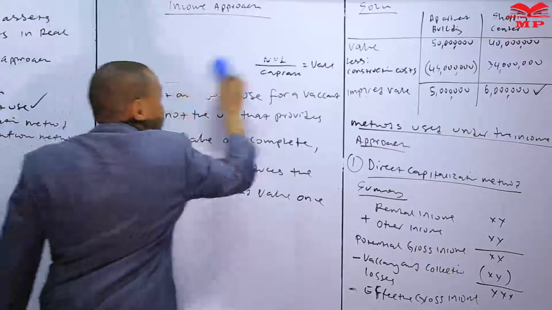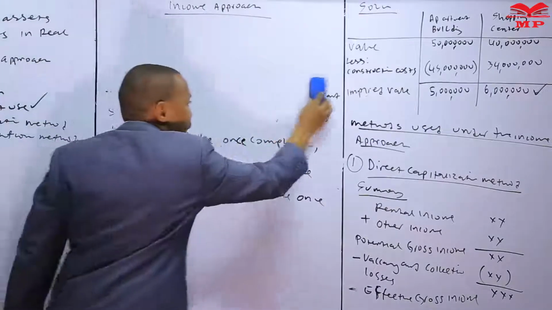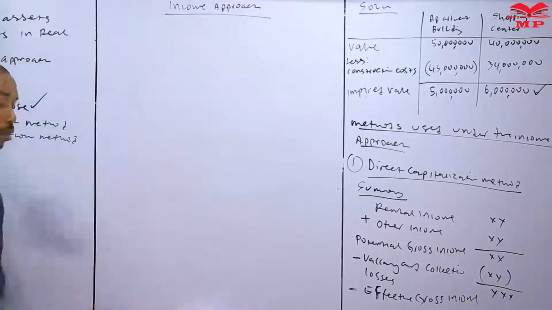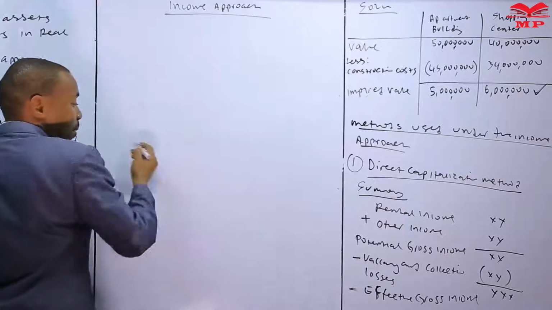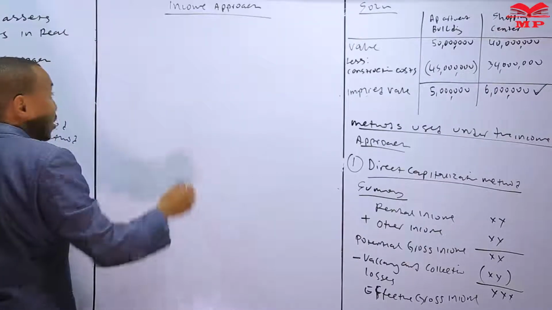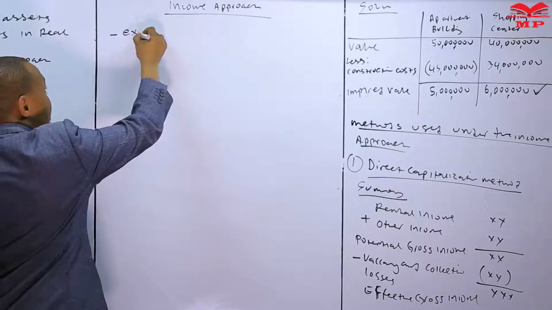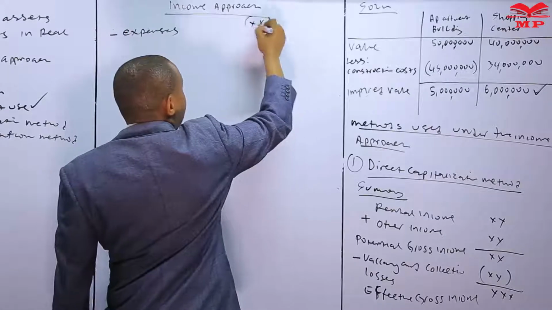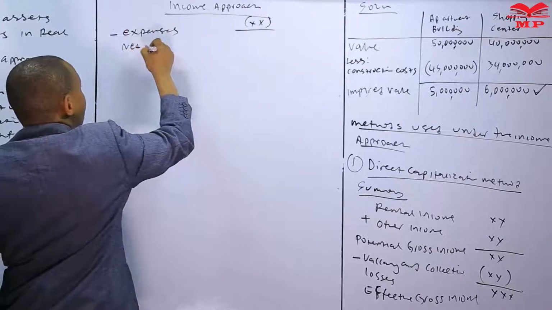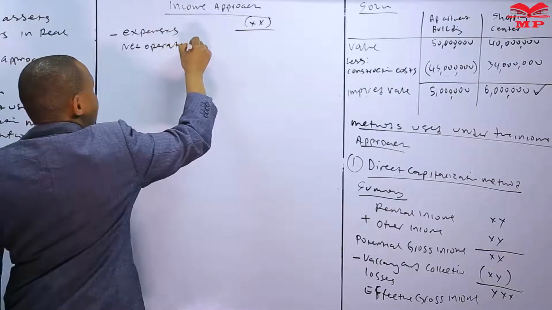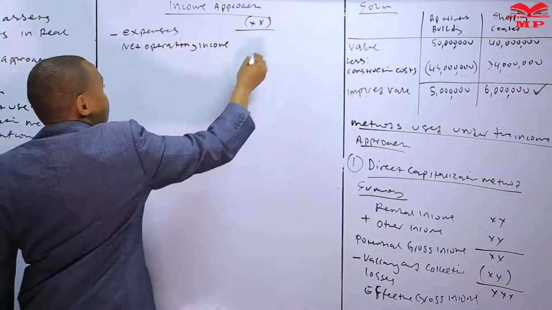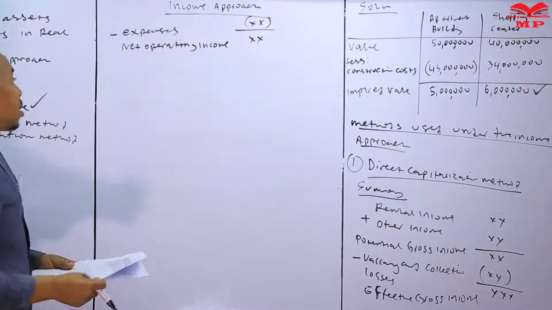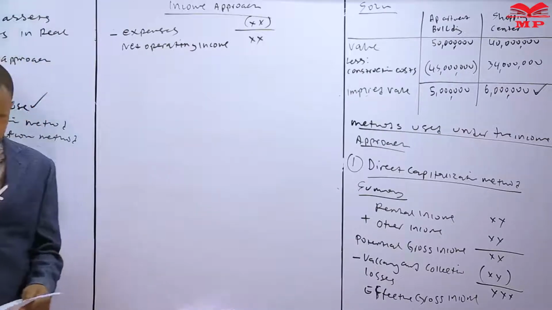So we less the expenses, and we now have the net operating income. Once we get the net operating income, we just divide it by the capitalization rate over there.